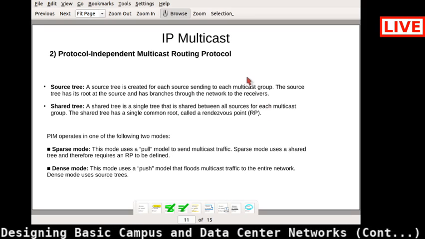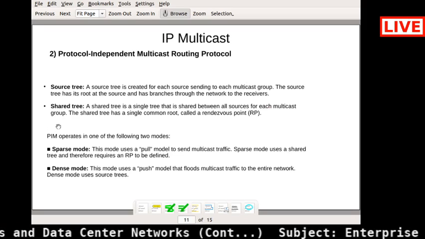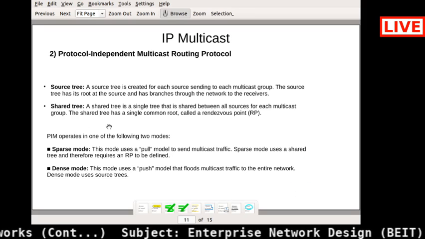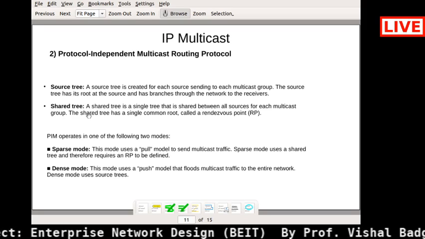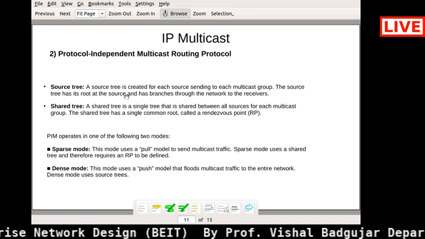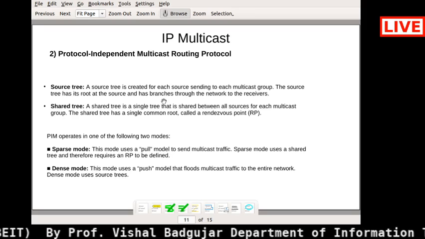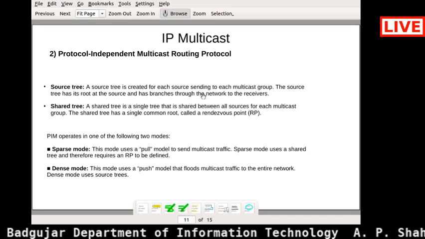It has some types of distribution trees: the source tree and the shared tree. The source tree is created for each source sending to each multicast group, and it has its root at the source and branches throughout the network to the receivers.